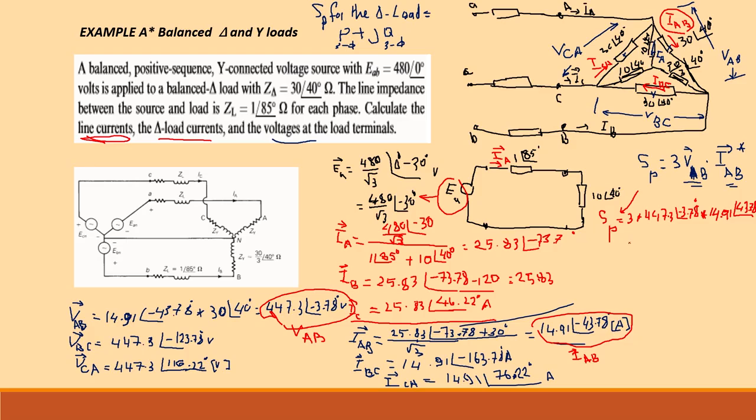Then SP is equal to 20,007.7 with an angle of 40 degrees volt ampere. This is the three-phase apparent power on the delta connected load.